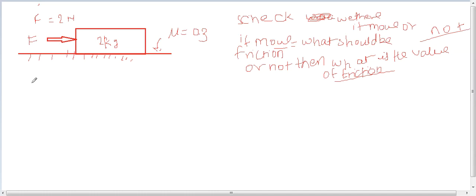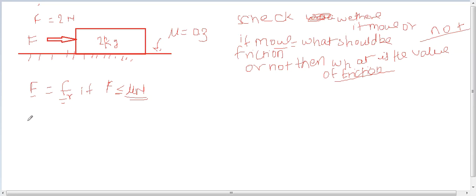The first equation is F is equal to Fr: the applied force is equal to friction if F is less than or equal to mu N. Here mu may be static or kinetic, depending. Here mu is static, so F is equal to Fr if F is less than mu N.